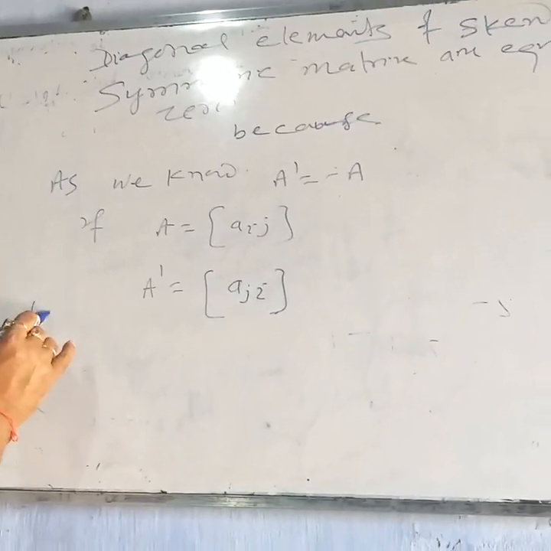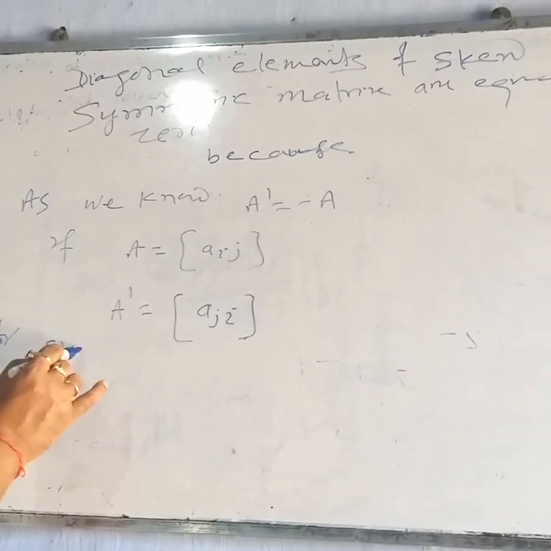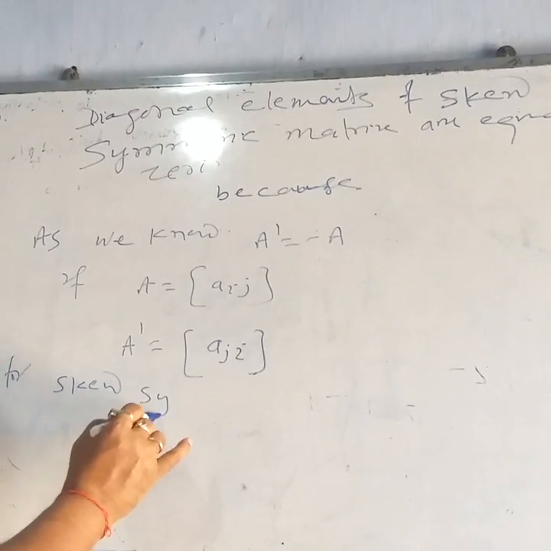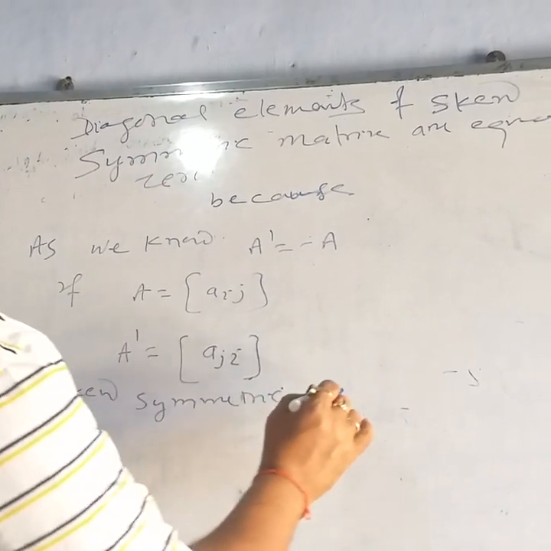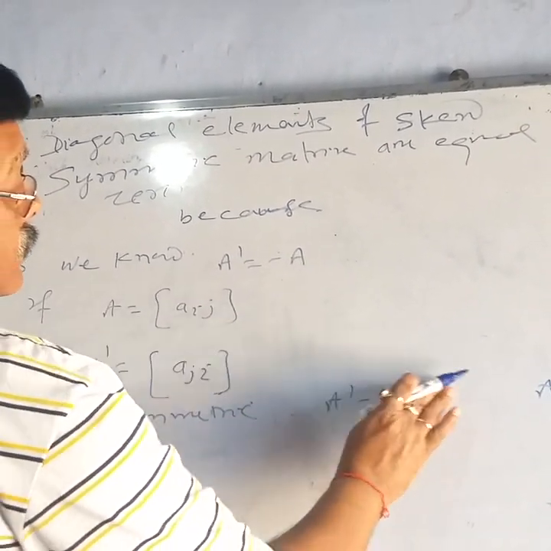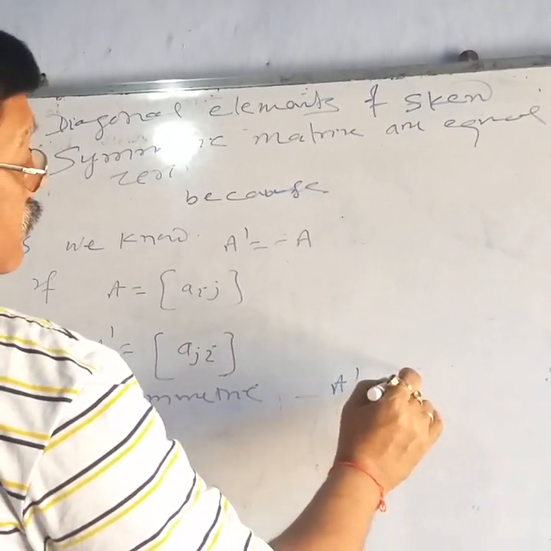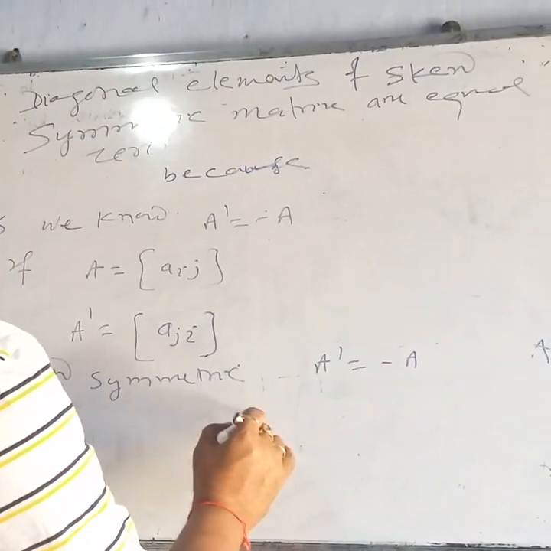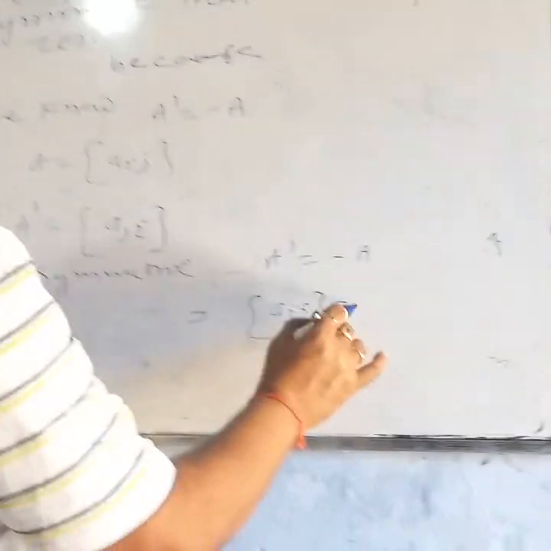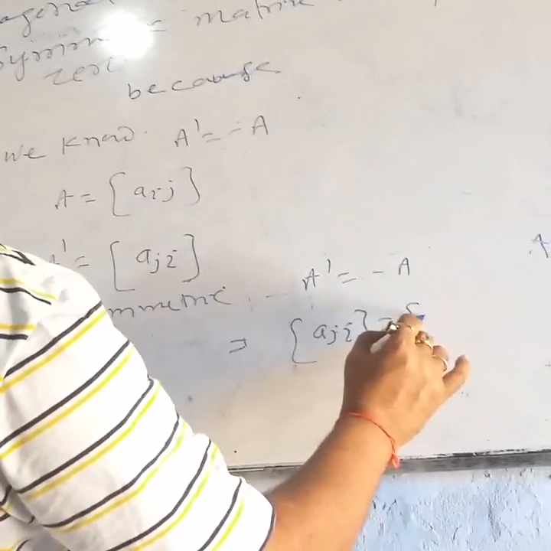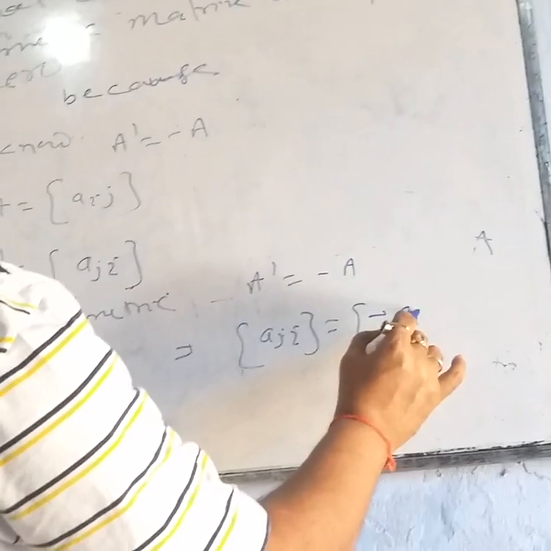So for a skew symmetric matrix, A transpose is equal to minus A. So Aji is equal to minus Aij.